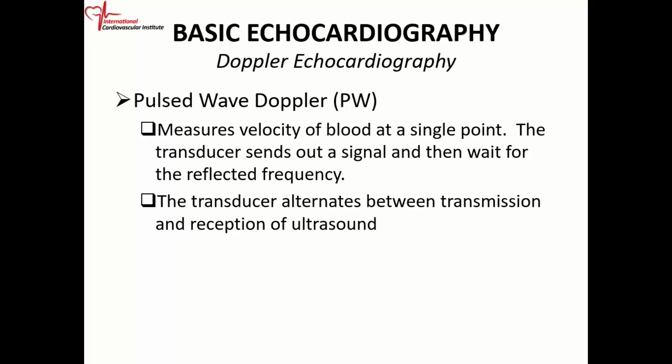It strikes the object or the tissue you want to analyze, and then it comes back to the transducer. So you send out the sound wave in pulses, and that's what we call the pulse wave Doppler. The transducer is actually alternating between transmission of the sound and the reception of the sound.